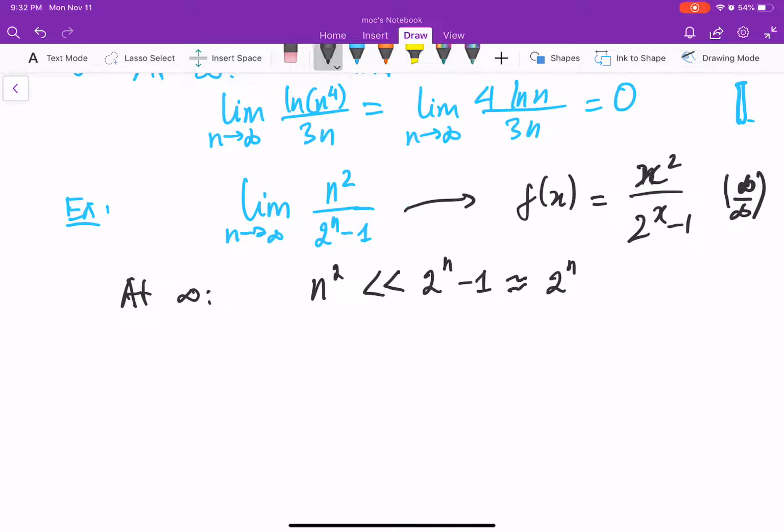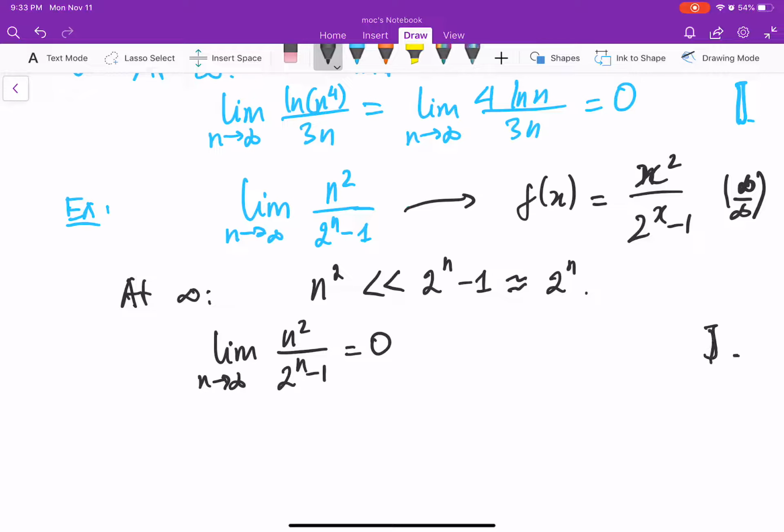So the behavior of 2 to the n minus 1 and 2 to the n are almost the same. So I can write, 2 to the n minus 1 similar to 2 to the n, and n squared is very small with respect to 2 to the n. So the limit of n squared over 2 to the n minus 1 when n approaches infinity is 0.